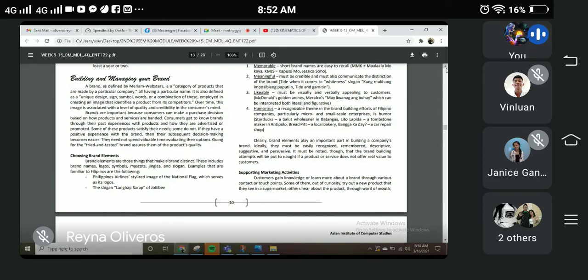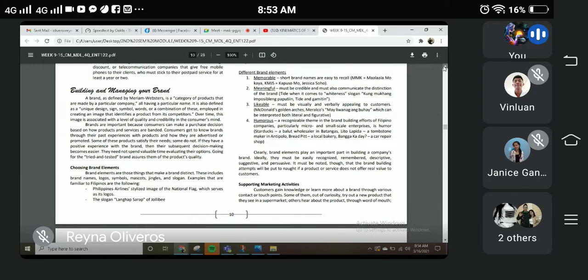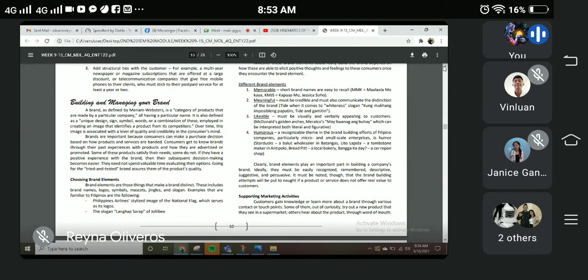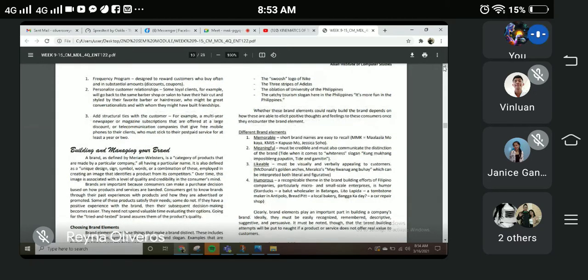Examples familiar to Filipinos are the Philippine Airlines' stylish image of the national flag that serves as its logo. The slogan of Jollibee, 'di ba? Ang slogan ng Jollibee, langhap sarap. Tama? So, tandang-tanda yan kahit ng mga bata eh. 'Di ba? Yung jingle nila, Jollibee, bida ang saya, 'di ba?